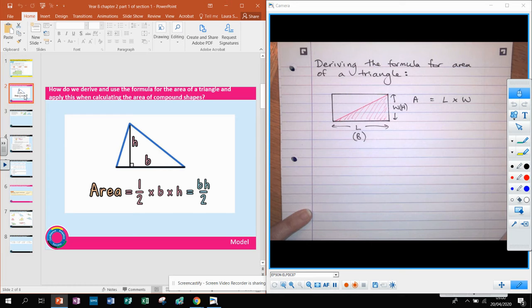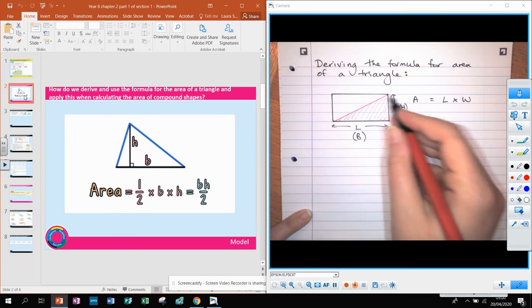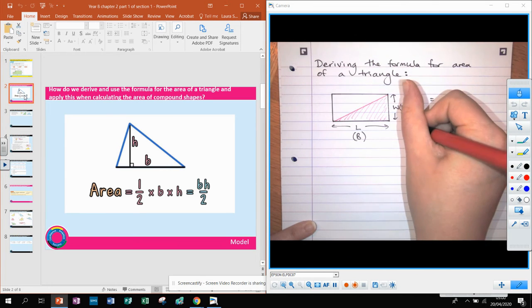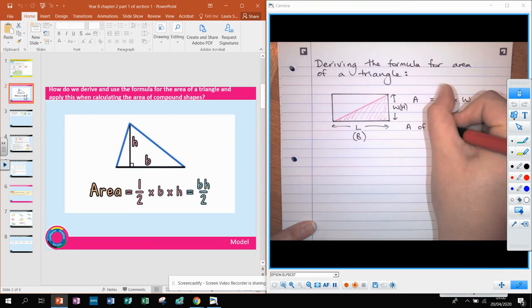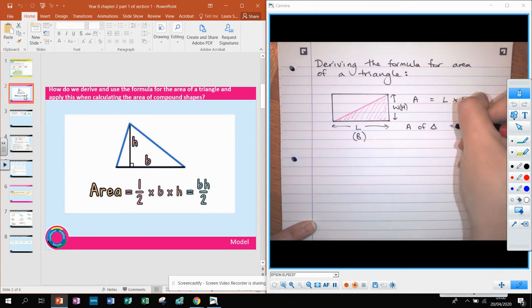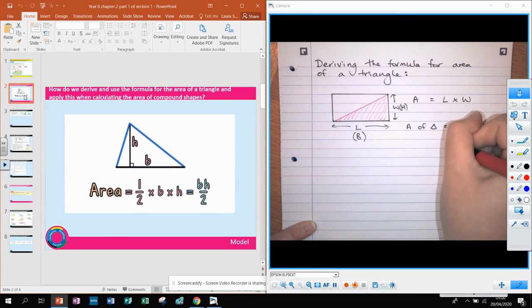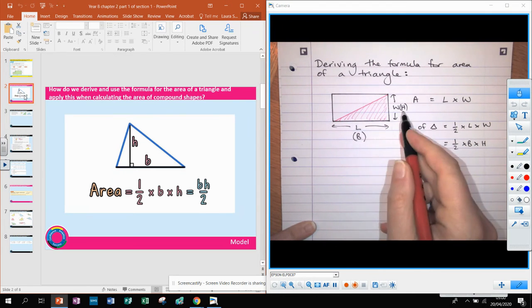And if we do that, and since it's half of the rectangle, then the area of the triangle is going to be equal to a half times this original length times width, which we now know is a half times the base times the height. And that's because we've changed our lettering. That's all.